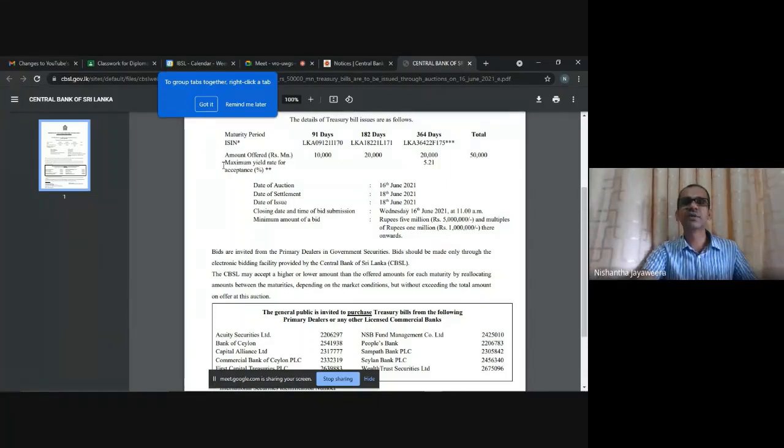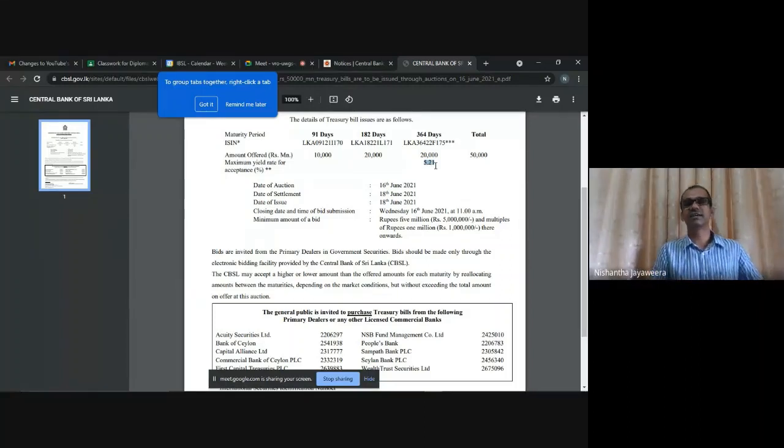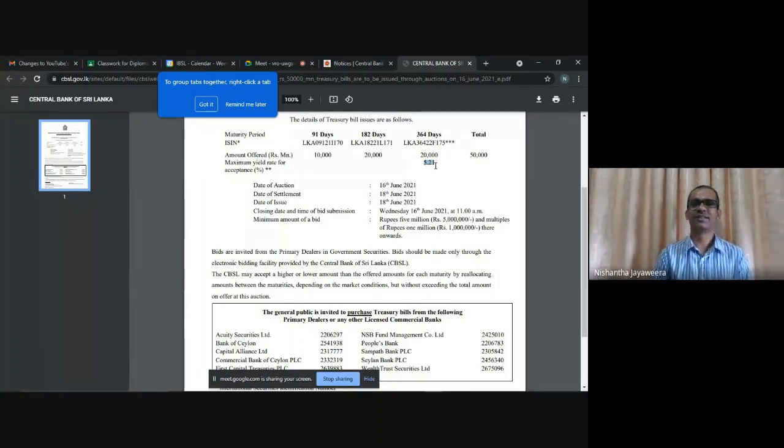So here you can see maximum yield rate for acceptance. That is only for 364 days. No restriction for 91 and 182 days. But for 364 days, the maximum yield that they are going to accept is 5.21. So the market knows now that next week the 1 year rate should be less than 5.21.